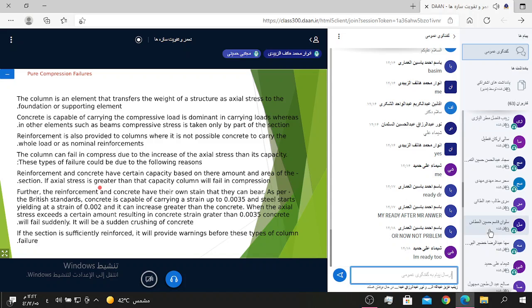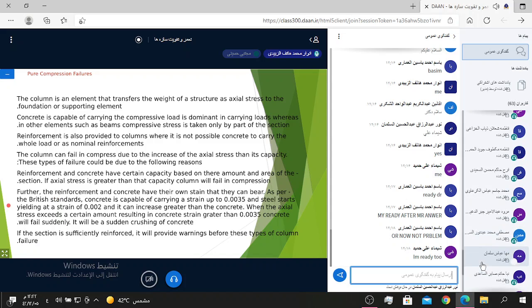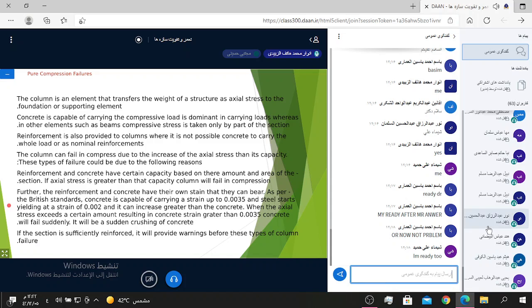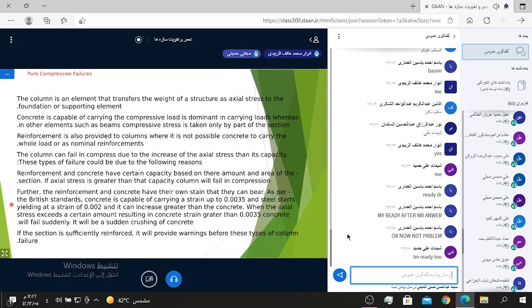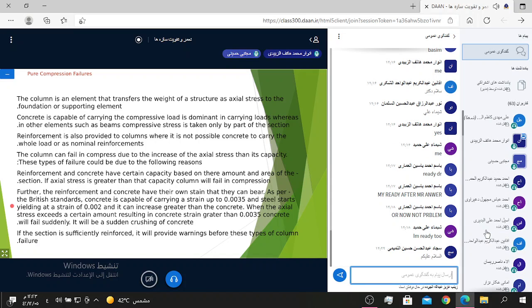Reinforcement and concrete have certain capacity based on their amount and the area of the section. If axial stress is greater than the capacity, the column will fail in compression. Further, the reinforcement and concrete have their own strain that they can bear as per the British standards.